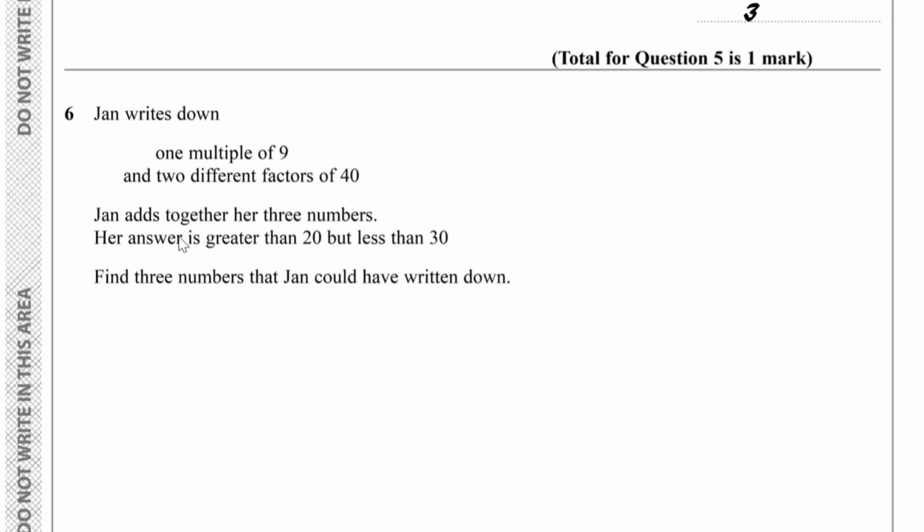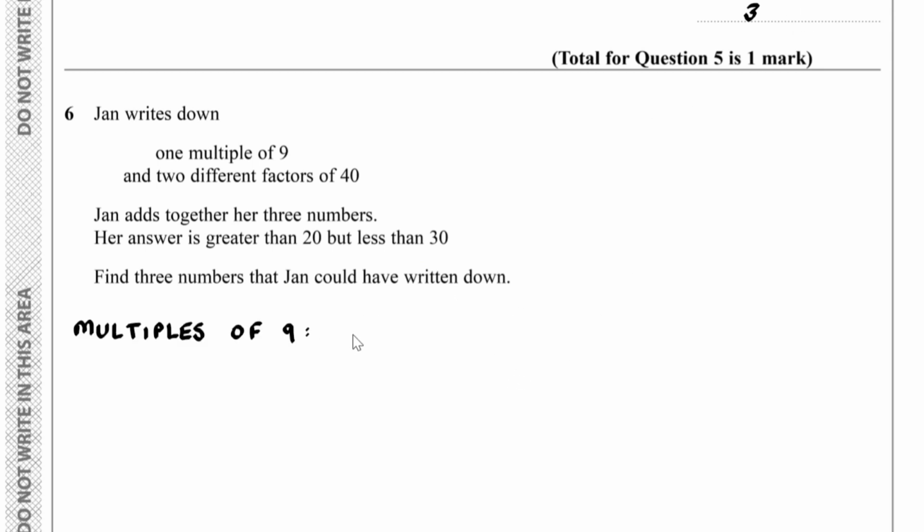Question number 6. John writes down 1 multiple of 9 and 2 different factors of 40. John adds together her 3 numbers. The answer is greater than 20 but less than 30. We have to find 3 numbers that John could have written down.